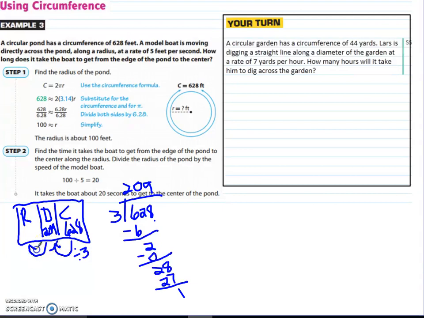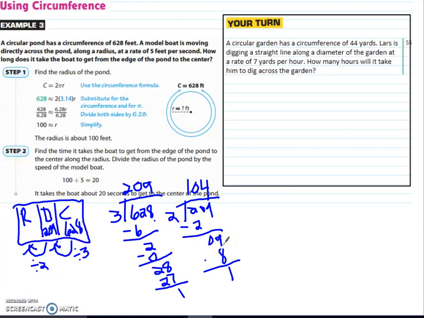Okay, then to go from diameter to radius, I'm going to divide by 2. So I'm going to do 209 divided by 2. Going to go in there 1 time, 0 times, 4 times. All right, and I'm going to stop there and say about 104.